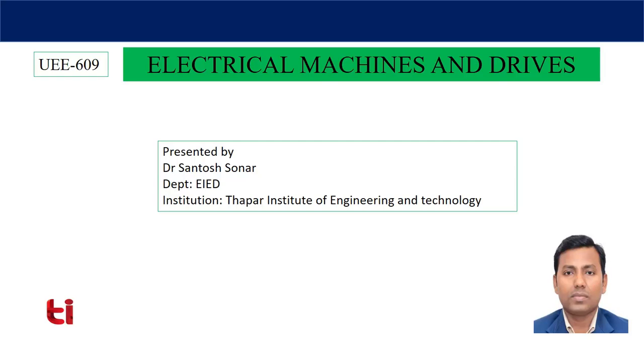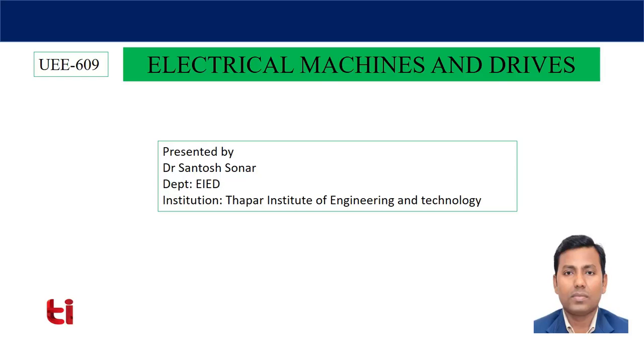In controlled rectifier, we have some option by controlling the firing angle of the thyristors or by controlling the switching pulses of MOSFET, IGBT or transistor. We can control the DC output voltage of the converter. Ultimately, we are able to control the DC input to the motor and then we can control the speed.